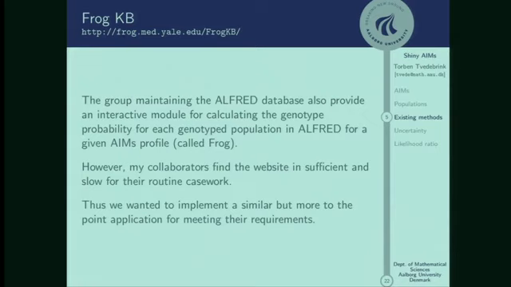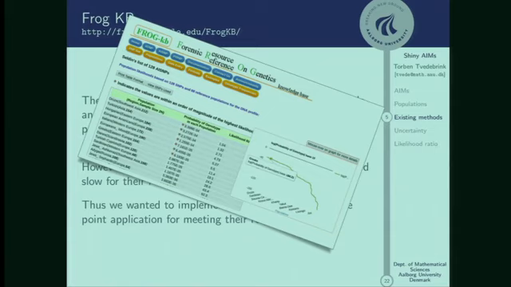So when my collaborators started to look at this, there was this software called FROG-kb. It's a knowledge database tool where you use the genotypes from ALFRED in order to calculate the probability of seeing a given AIM profile in any population in that database. So you manually type in all these different settings. For each marker you type in the allelic configuration, AA or AG or whatever, and then it goes away and uses the product rule, and gives you this list.